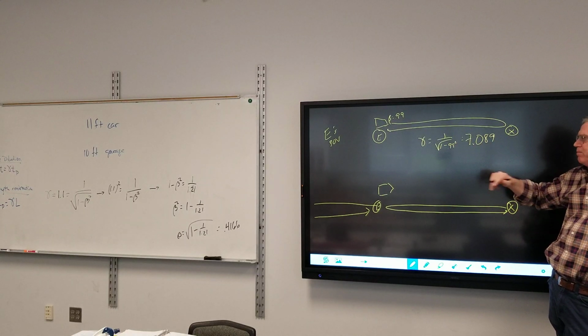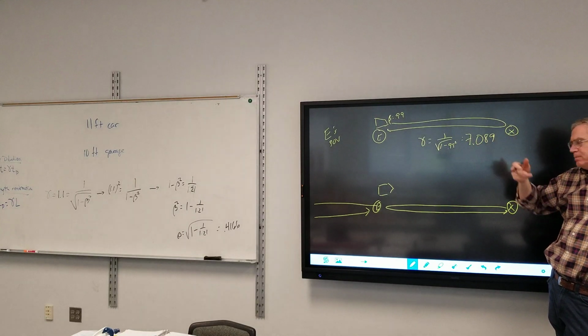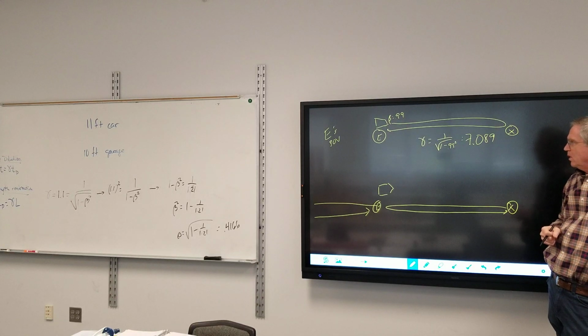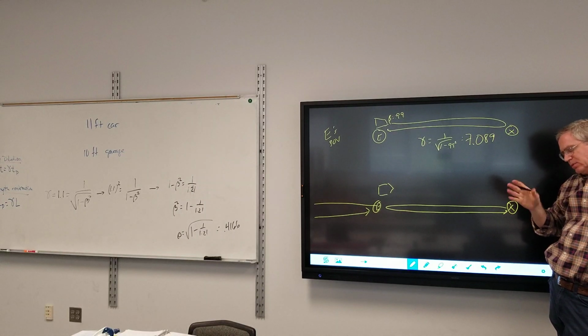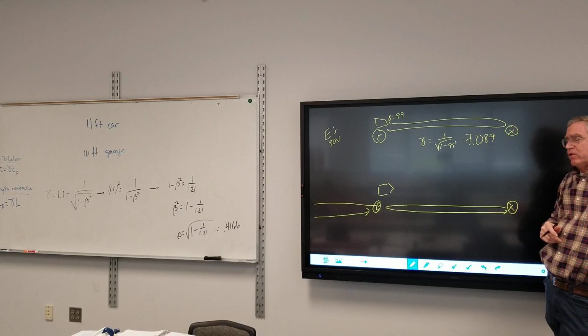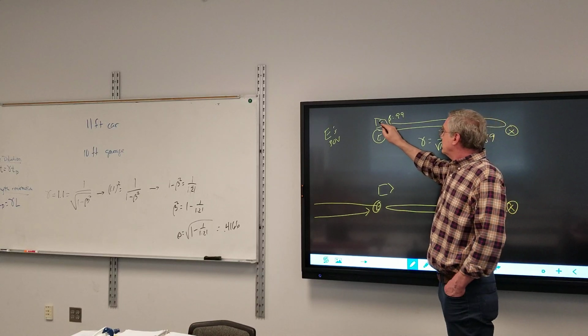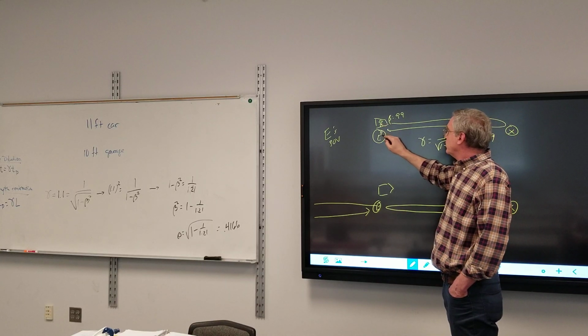So if the rocket ship, from the Earth's point of view, is gone for a year, then if there were identical twins, sorry, flip that around, start over. Let's say there's identical twins, an identical twin on the rocket ship, an identical twin left behind.